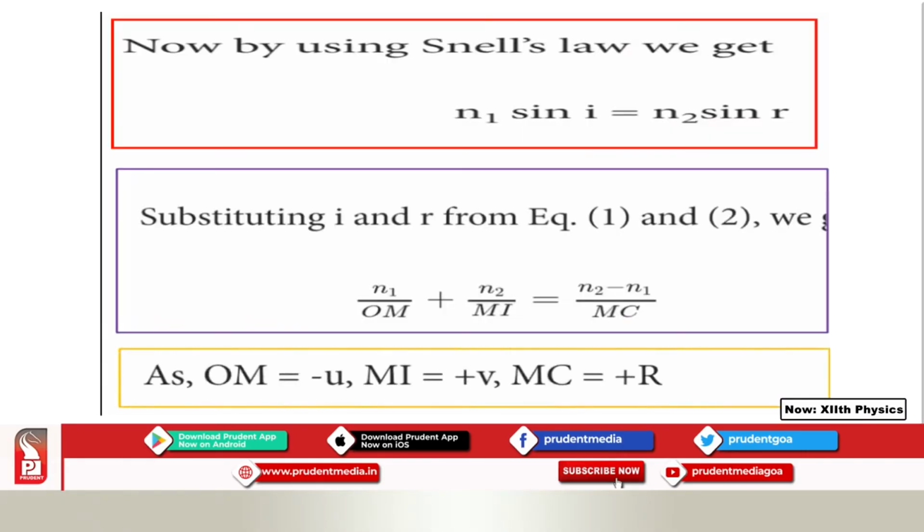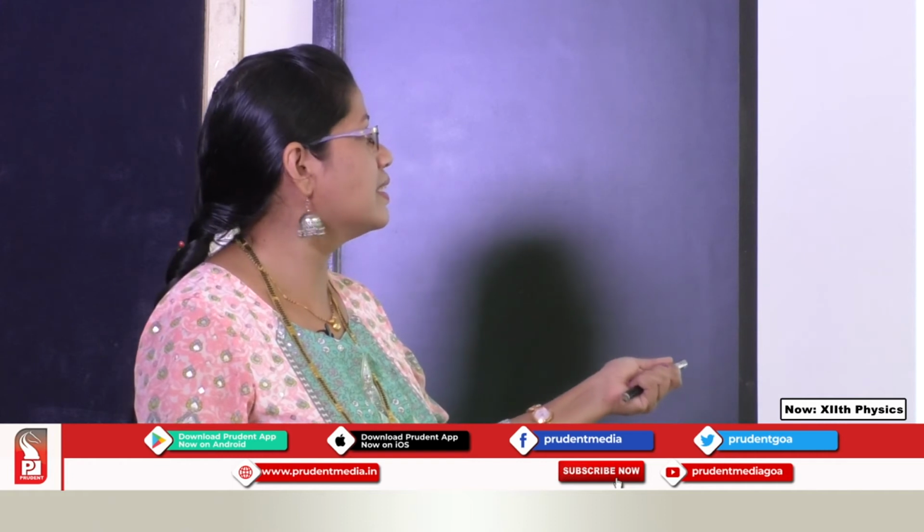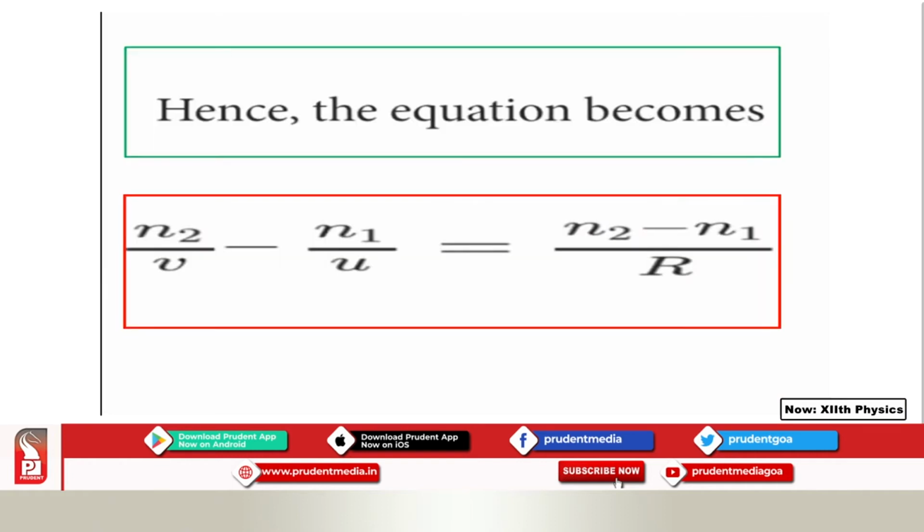So, as per the signs, we get OM equals minus U, MI is plus V, and MC is plus R. So, substituting, the equation becomes N2, that is the second refractive index, upon the image distance minus the first refractive index N1 upon the object distance equals N2 minus N1 upon R. So, this is what you need to remember, students.